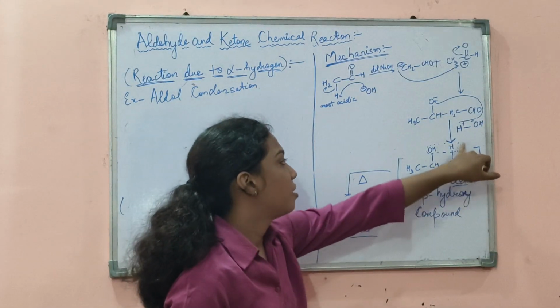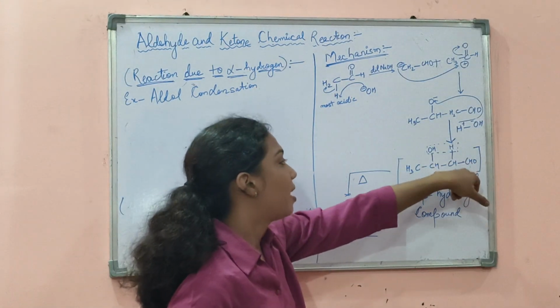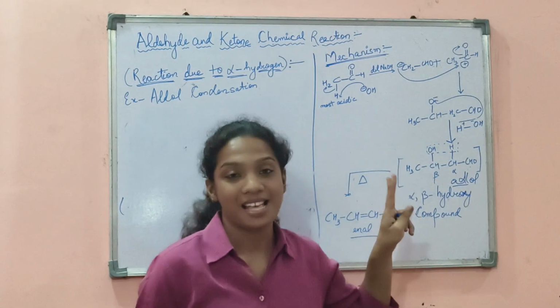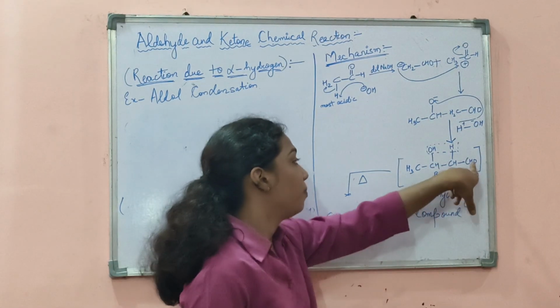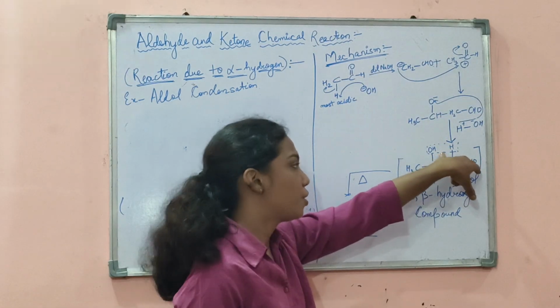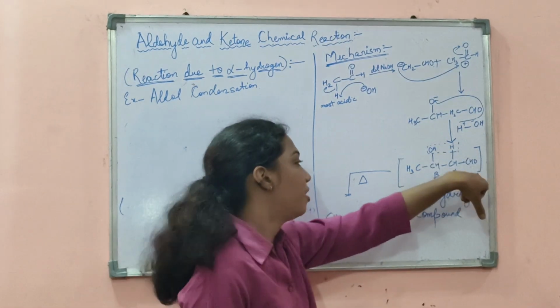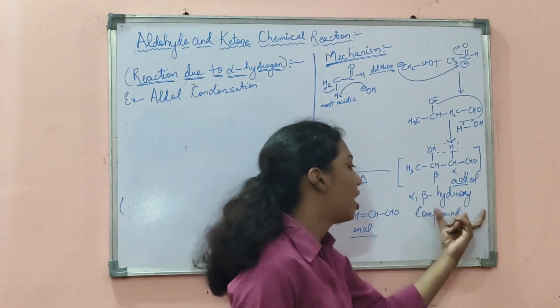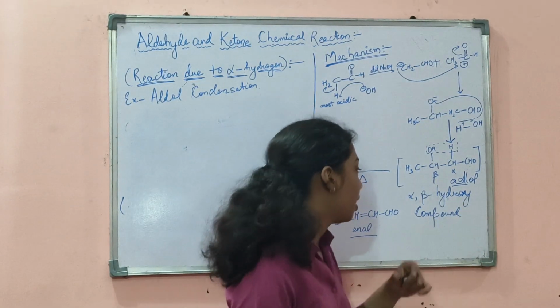Here the alpha carbon consists of hydrogen, and the beta carbon consists of an OH group. How will we name it an aldol reaction? See, this functional group is the ald part, and this OH group is the ol part. So together we can make it an aldol reaction and name it an alpha beta hydroxy compound.